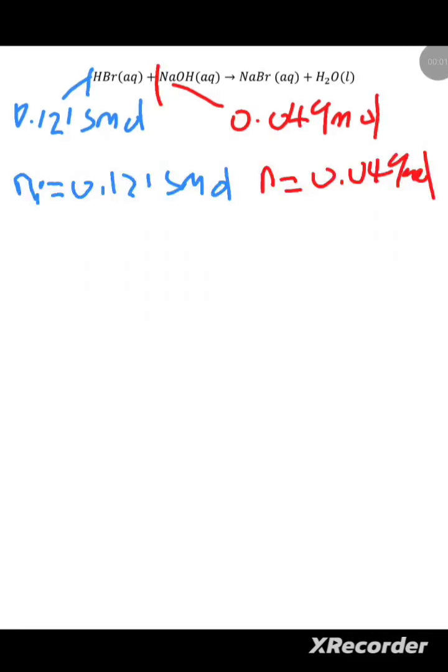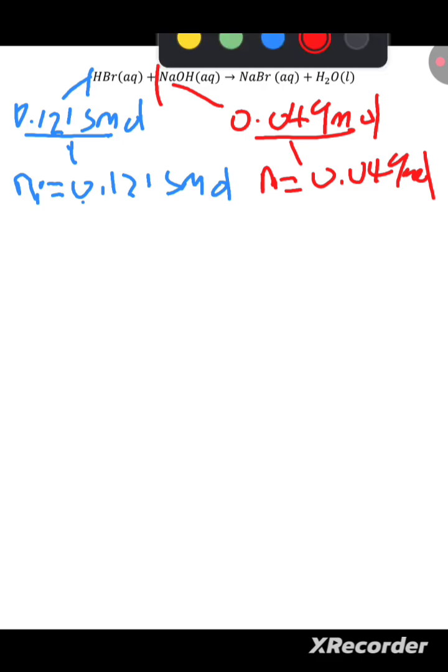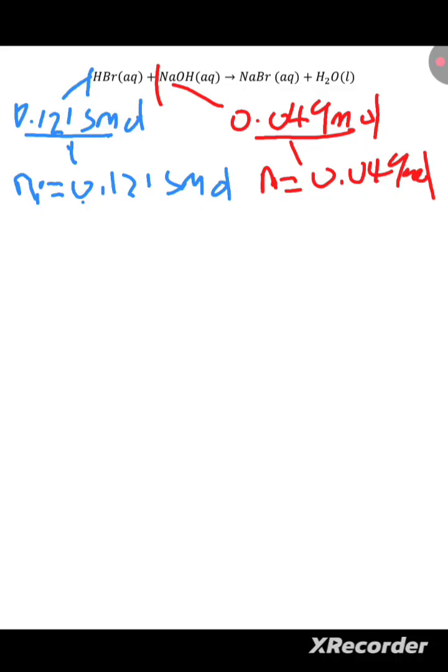So let's divide. I divide this number of moles by 1, and I also divide this number of moles by 1, and I still get the same. Now I look at which one is bigger. The one that is big is in excess, and the one that is small is limiting. The one that is less is limiting.